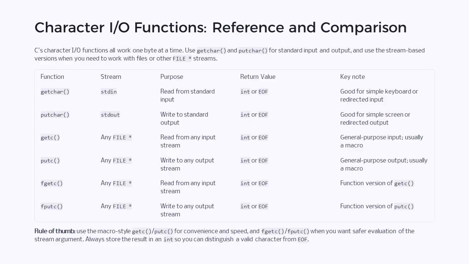Rule of thumb: use the macro-style getc or putc for convenience and speed, and fgetc or fputc when you want safer evaluation of the stream argument. Always store the result in an int so you can distinguish a valid character from EOF.